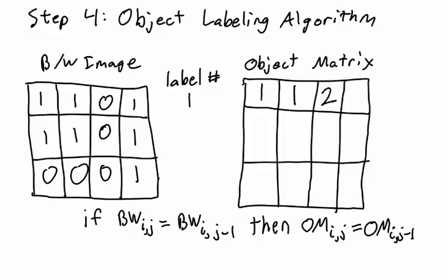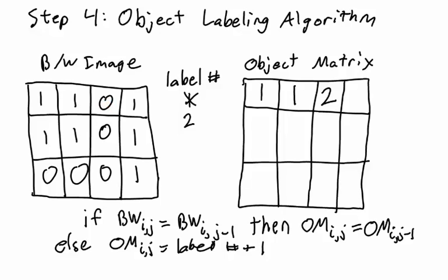So down in my rule here, I'll say else, object matrix IJ equals label number plus 1. In my next pixel, I see that the black-white image value is 1 and the previous value was 0, so once again I use the next label number and I increment my maximum label number.